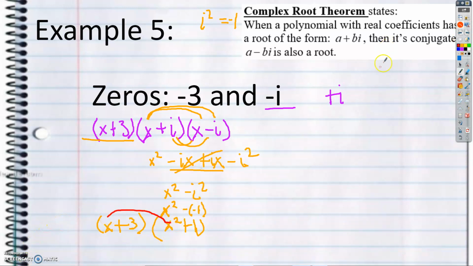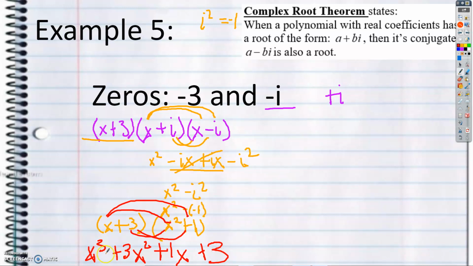So x times x squared is x cubed, x times 1 is 1x, so you could just put x, 3 times x is 3x squared, 3 times 1 is a positive 3. So my final answer is x to the third plus 3x squared plus 1x plus 3. And that's it.